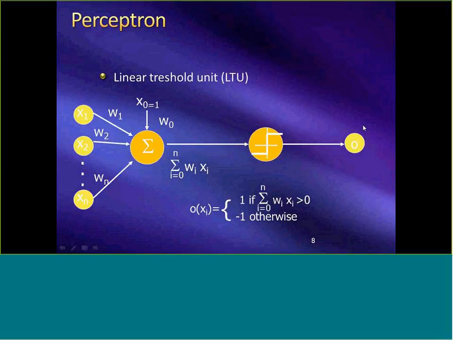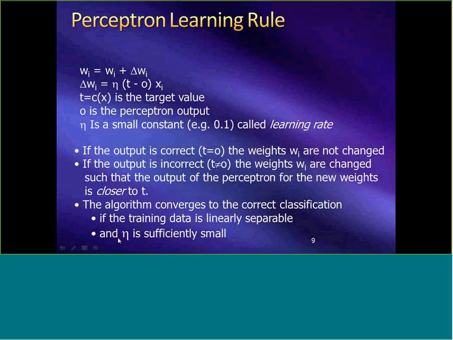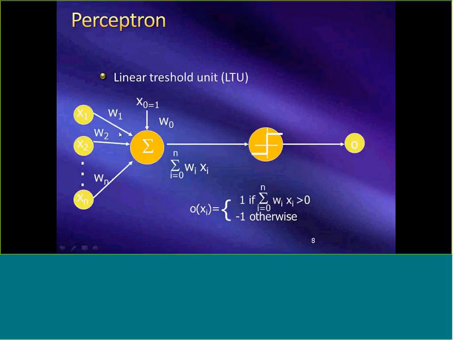This is exactly where backpropagation comes into place: the error between the target and the output is applied back to adjust the weights.